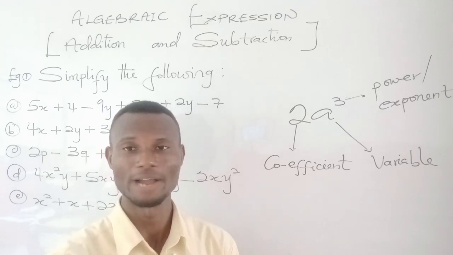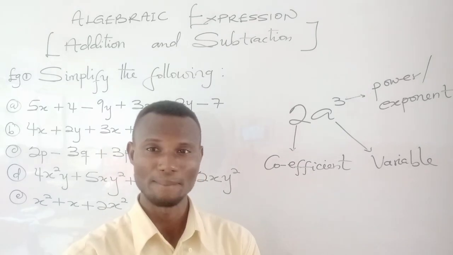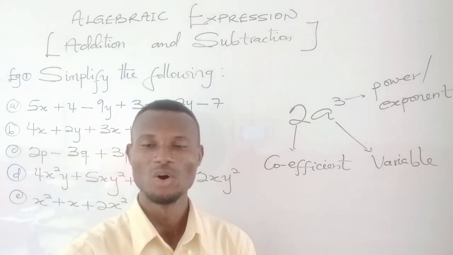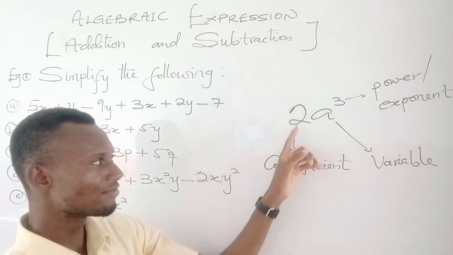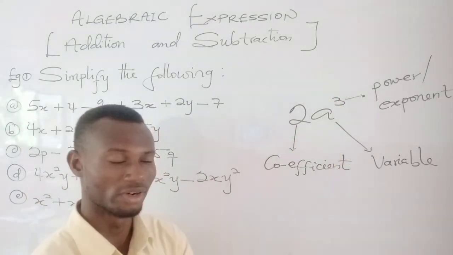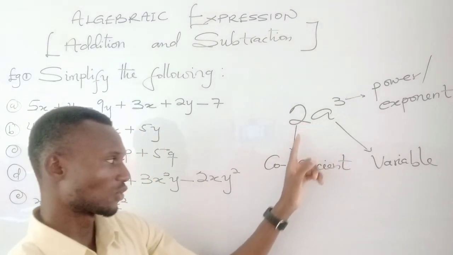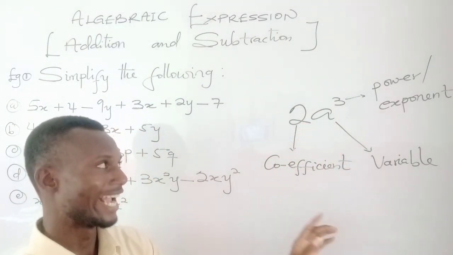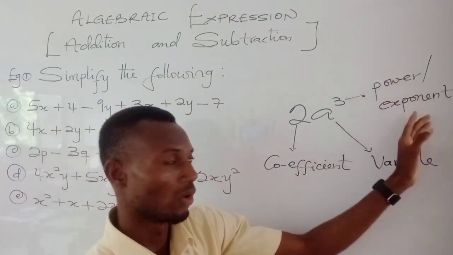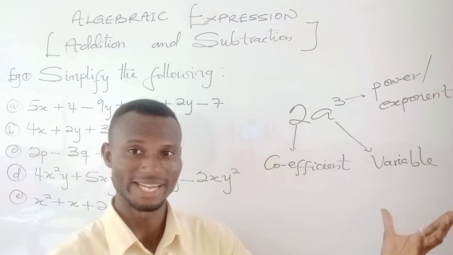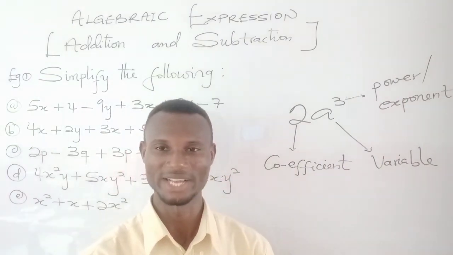And anytime you have a number on top of a variable, that number is called the power or the exponent of that variable. So, having 2a to the power 3 on the board, it means that the 2 which is in front of the variable a is called the coefficient, and the 3 which is on top of the variable a is called the power or the exponent. I hope the explanation is clear enough up to this point.